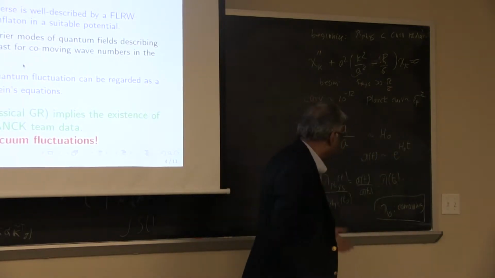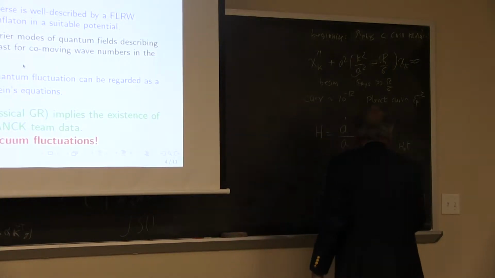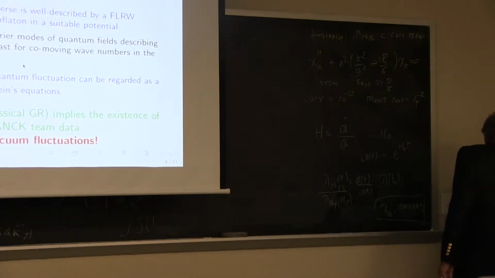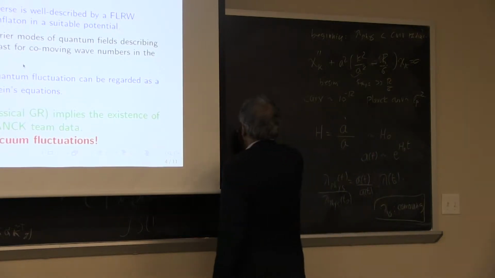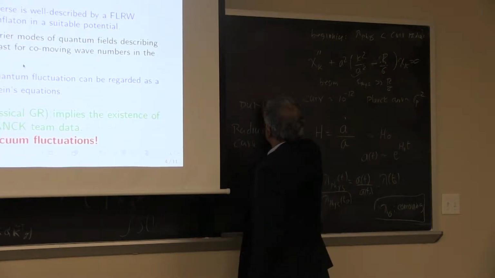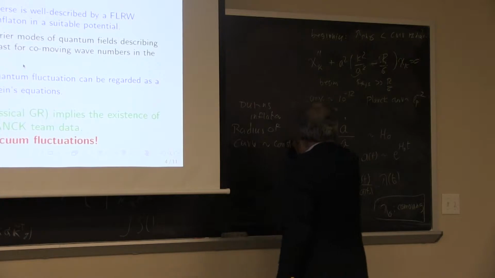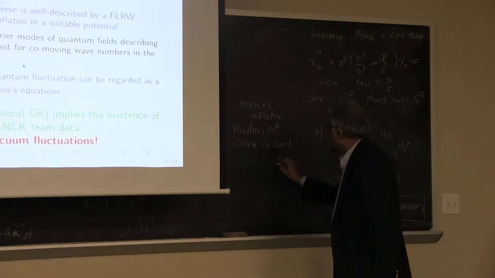Curvature is nearly constant, because remember that during inflation the radius of curvature is nearly constant. It's like de Sitter space-time, and in de Sitter space-time the curvature is just given by 1 upon H0 squared.